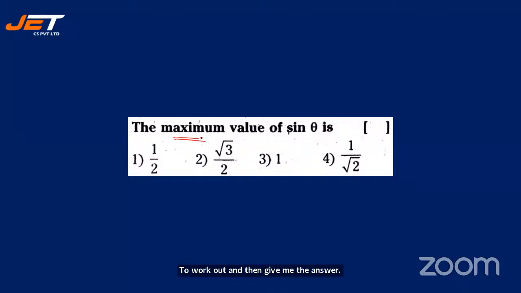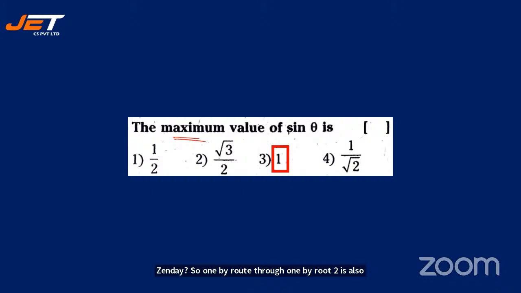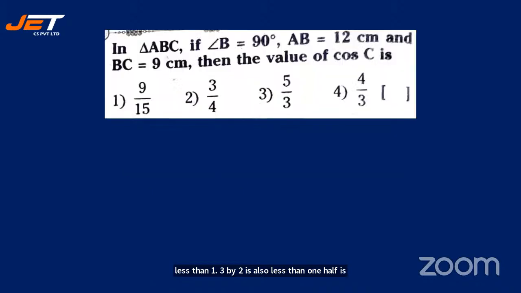Let's see how many are giving me the answers. Option 3, option 3. Many say option 3. Yes. It should be option 3 because the maximum is only 1, isn't it? 1 by root 2 is also less than 1. Root 3 by 2 is also less than 1. Half is nothing but 0.5. Yes. Excellent. Good thinking.